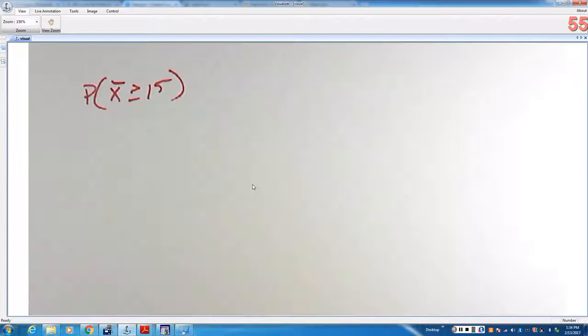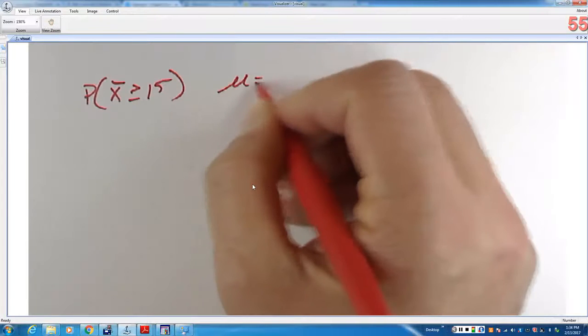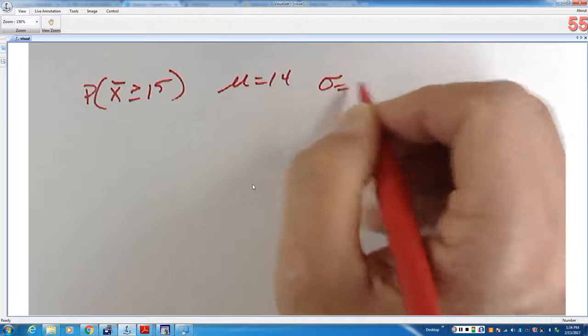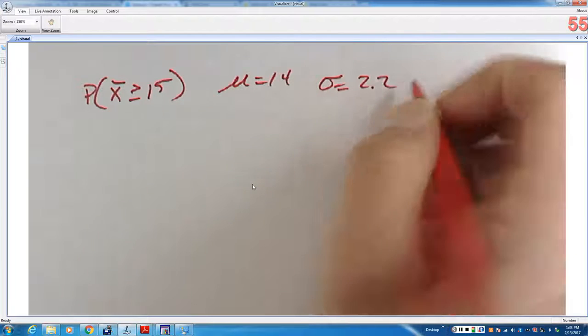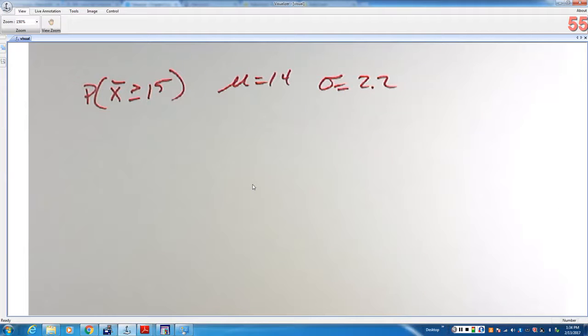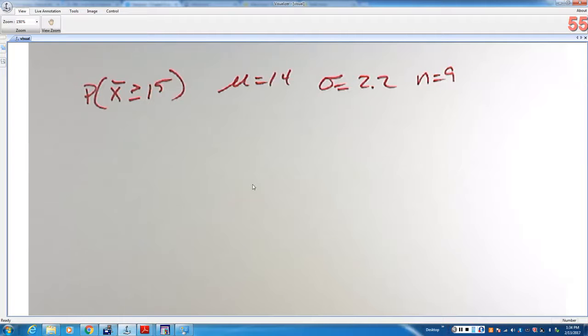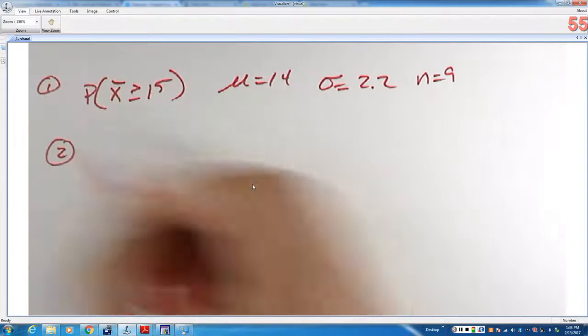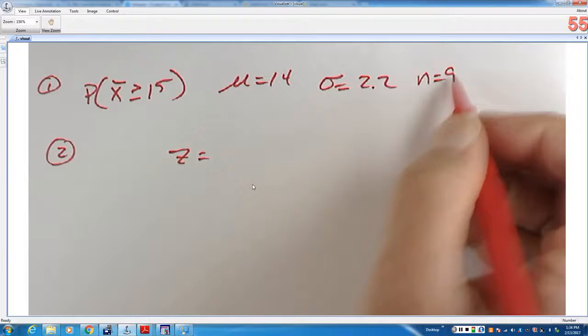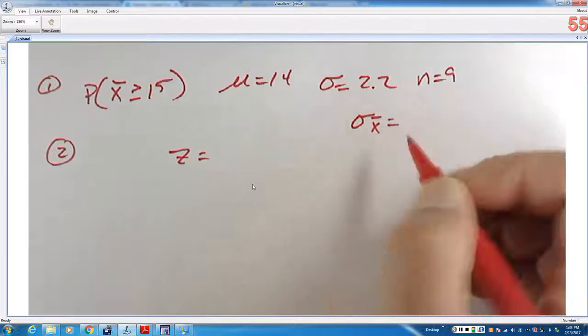Now we have that the mean is still 14 and the standard deviation is 2.2, but we have 9 now because we had 9 trips. Our next step is to convert to a z-score. In order to do that, we have to find our standard error.